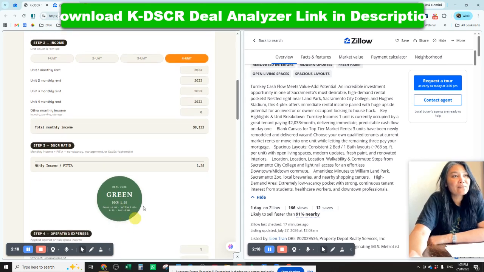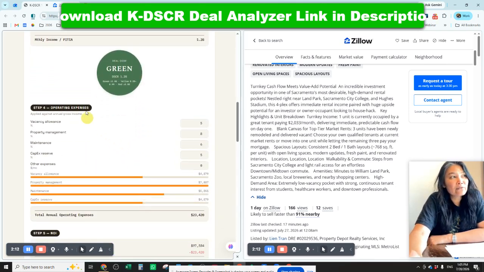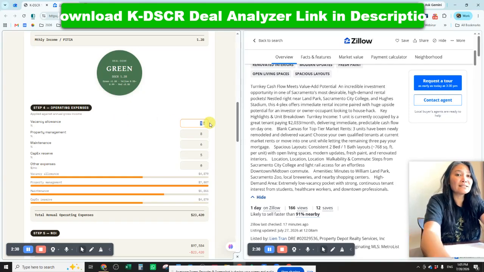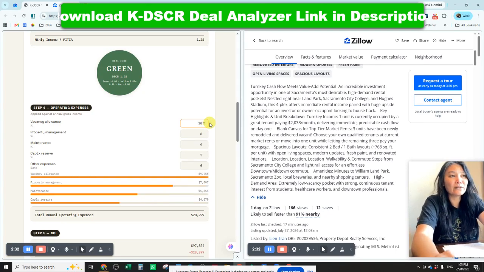How simple is that? And if you want to pursue it further, as an investor, you can add vacancy allowance, property management, maintenance, and capex reserve. Usually DSCR lenders don't consider these numbers, but as an investor, you should. Since it's 3 units still to be rented, I put 3 for vacancy.